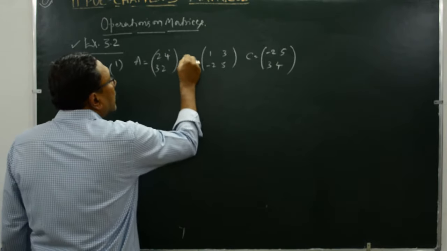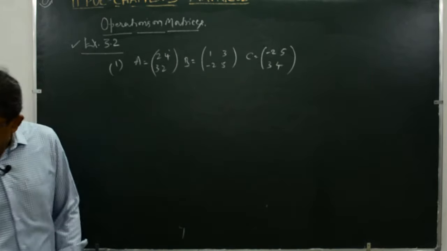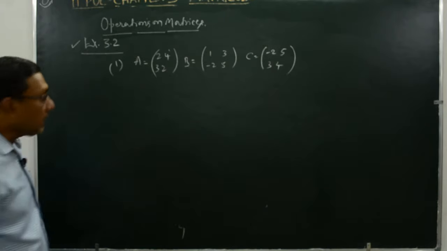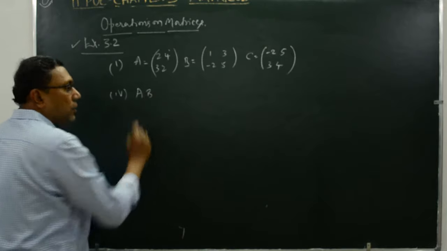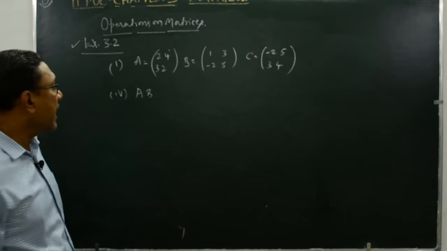and this is B. And what is our next, the fourth one, is AB. We need to multiply two matrices A and B. Let us check.